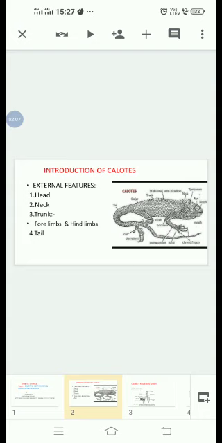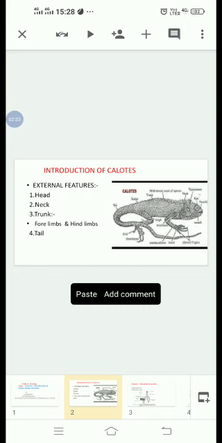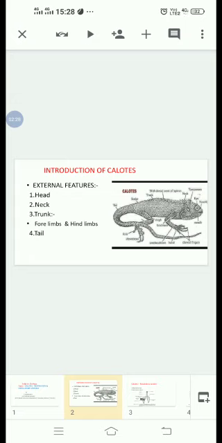Next we discuss the external features of Calotes. Body is elongated, slender, lizard-like, clearly divisible into four parts: one is the head, two is neck, three is trunk, and four is tail.